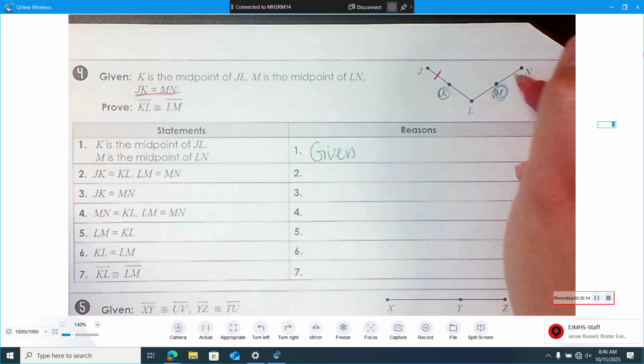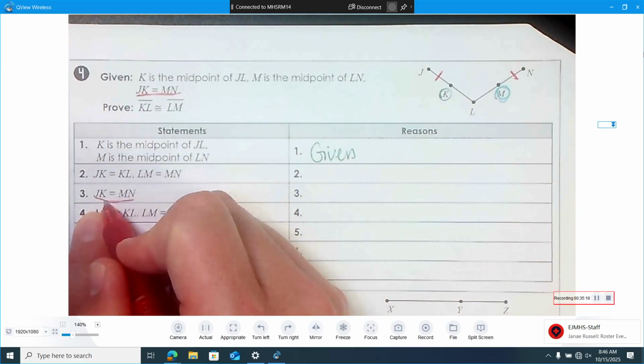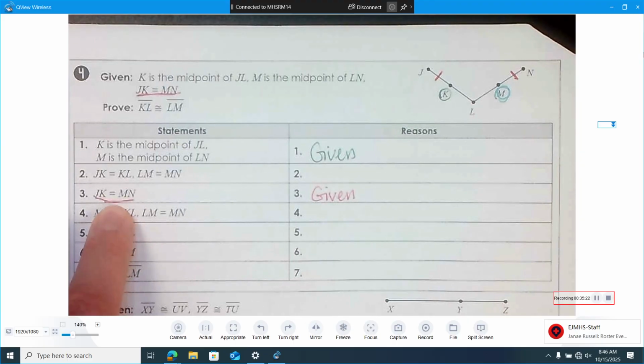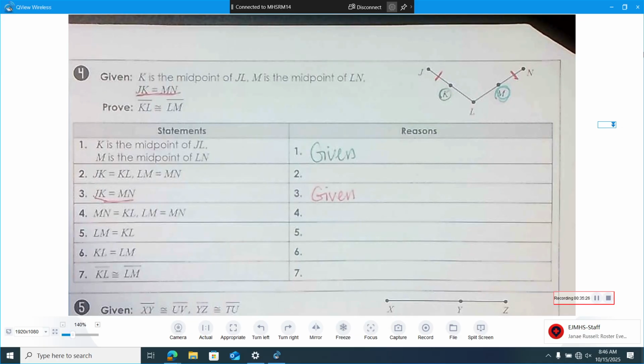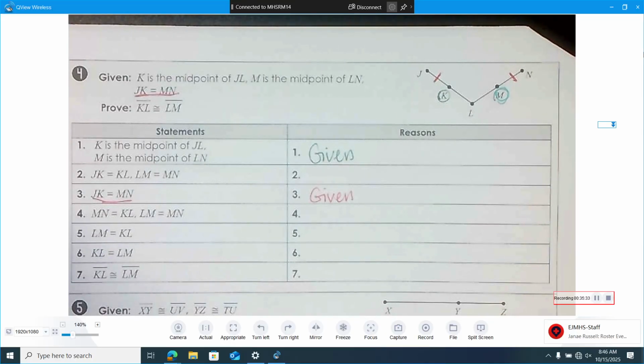So JK is equal to MN, and you can see that is down here. So that is another given statement. So she has separated the two parts of the given statements, which is sometimes we do. So we got a couple given statements, but let's go back up to our midpoint statements here.